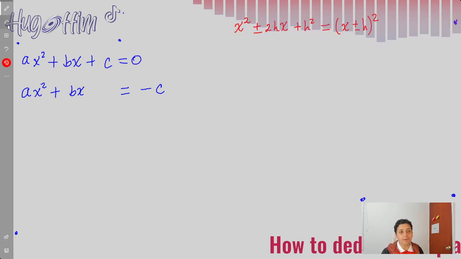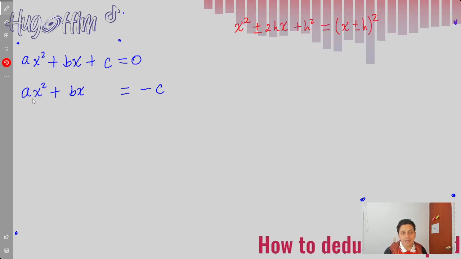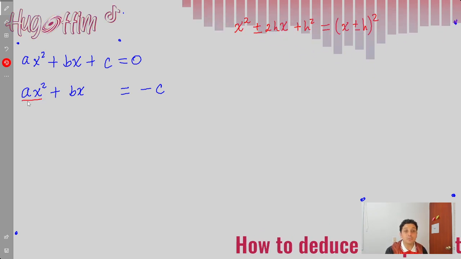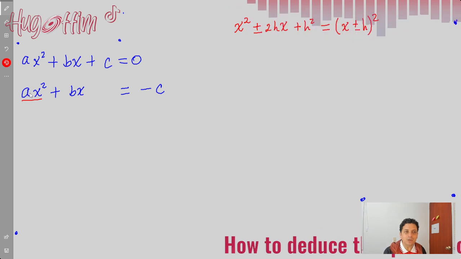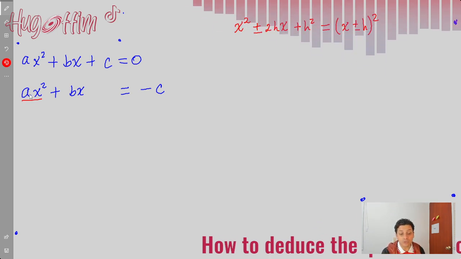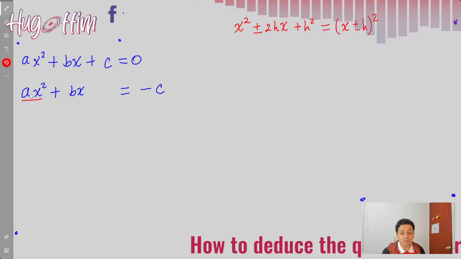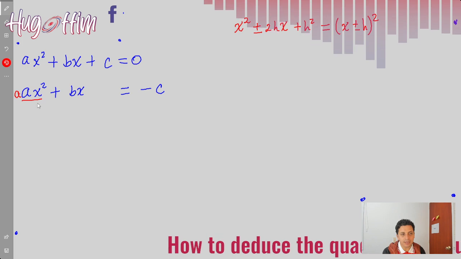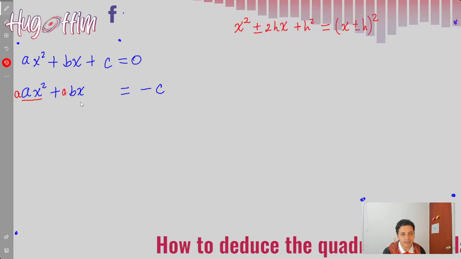But if I want to complete the perfect square trinomial here, it means that the first term should be a square. Now the problem is that this is not a square, so we have to convert it into a square first. To do it, I'm going to multiply by a, here and here.